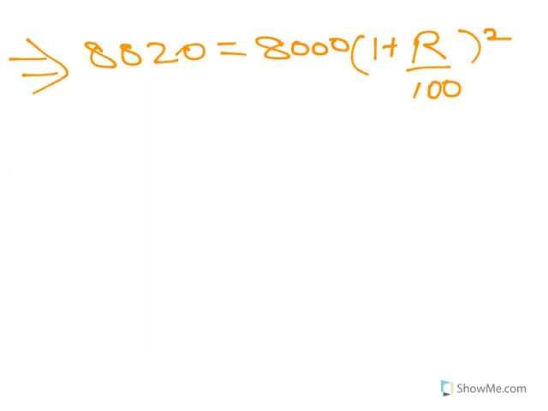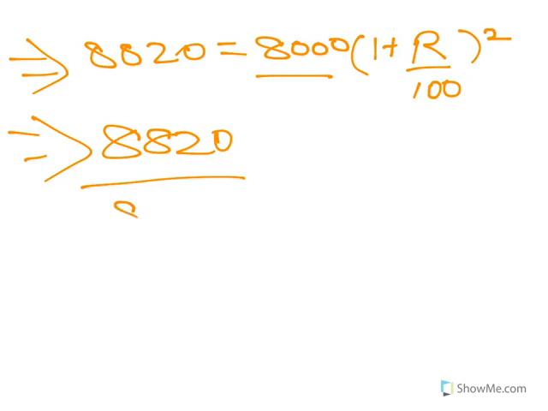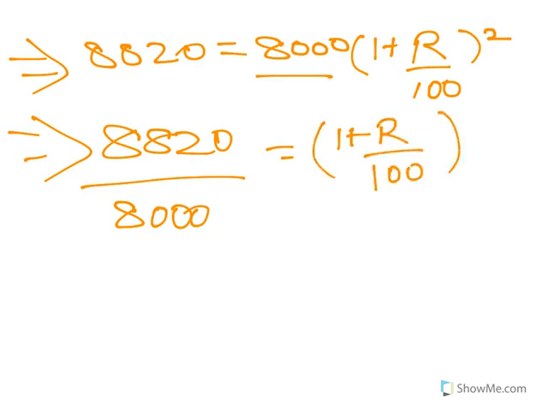The first step is to bring 8,000 to the other side, so we'll divide both sides by 8,000. 8820 divided by 8,000 is equal to 1 plus r by 100 squared.